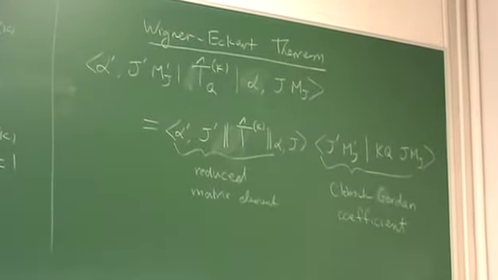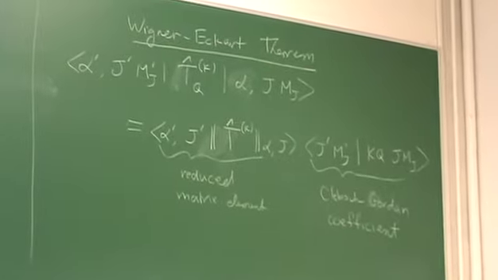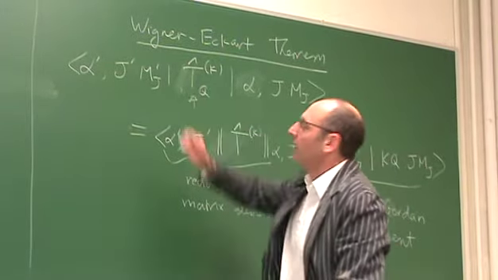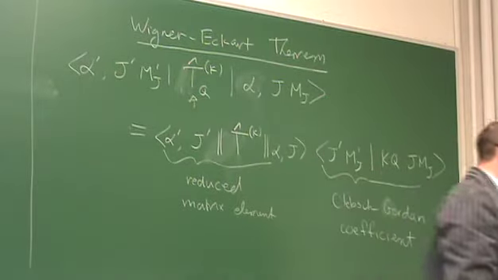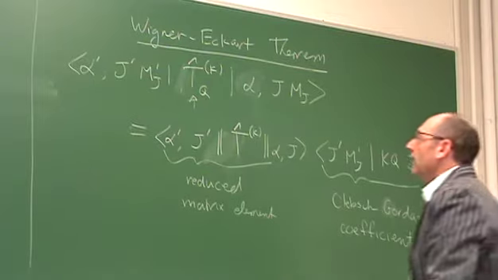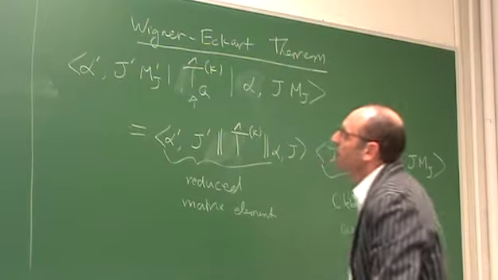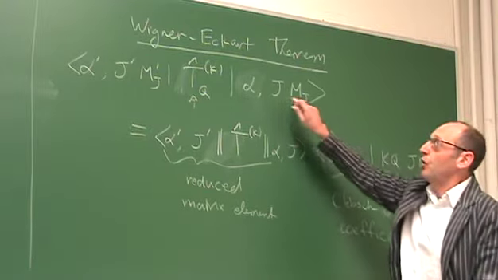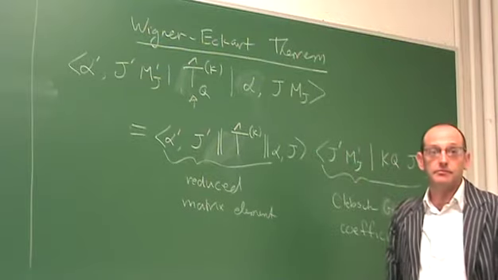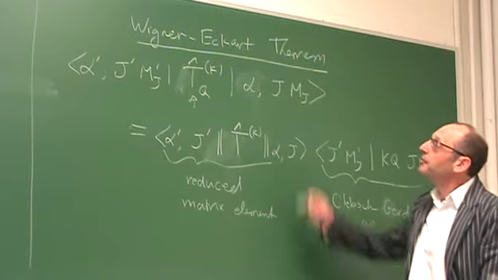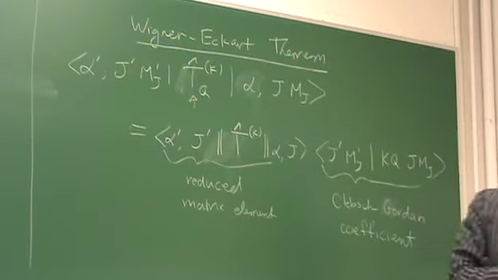And the Wigner-Eckhart theorem tells us that if I look at the components of an irreducible tensor operator with respect to the angular momentum operator J, and I look at its matrix elements with respect to states that are eigenstates of J squared and Jz, then the matrix elements break up in the following way.